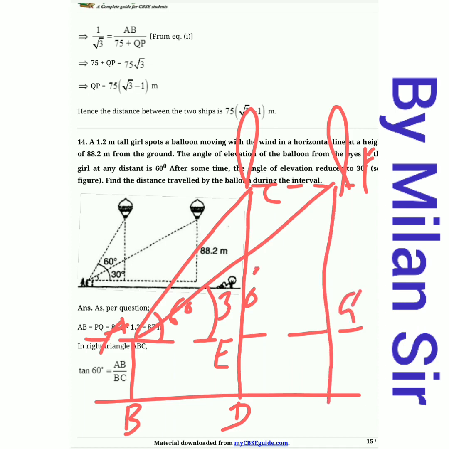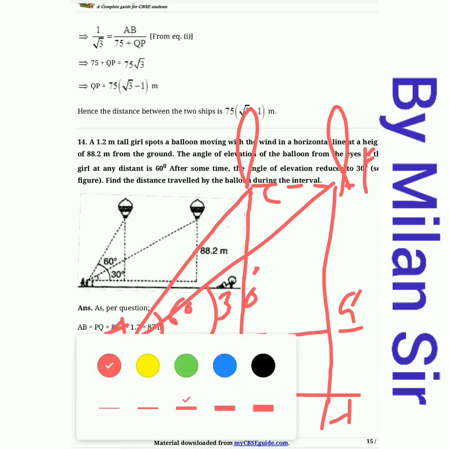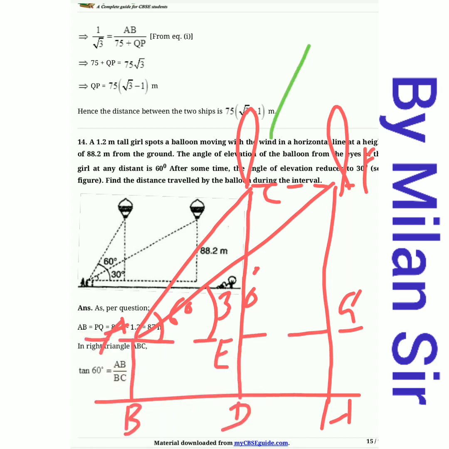Here we give G and H. Now from here we need to find the distance traveled by the balloon in this interval, right? It's CF. Initial point is C and final point is F. So we need to find distance CF.